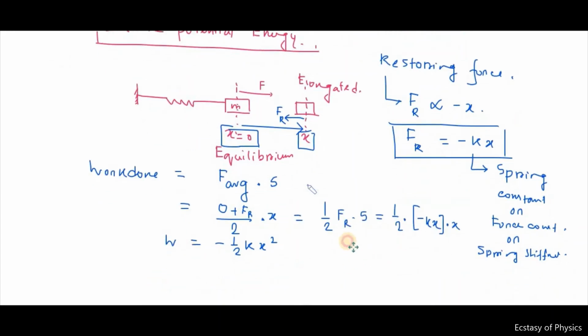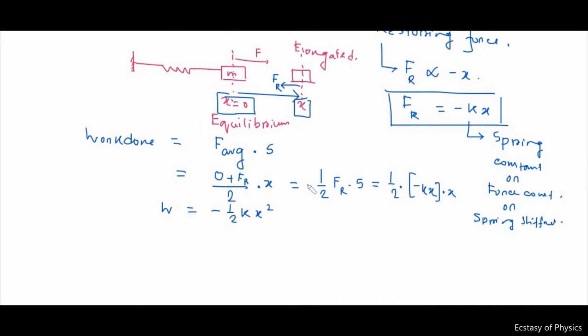Now the work done on the spring is going to be stored in the spring in terms of spring potential energy. The spring potential energy expression would be the negative of work done.